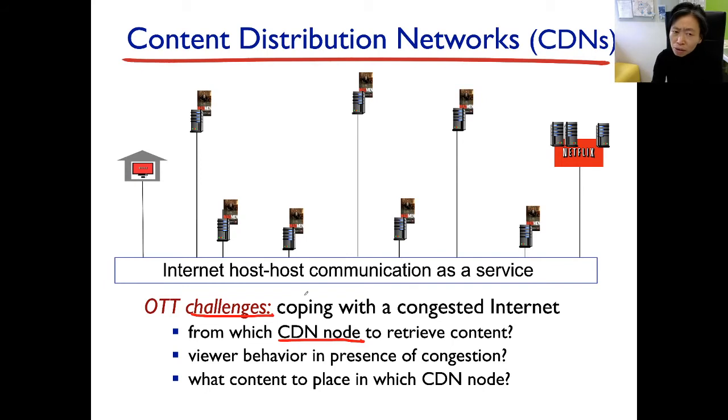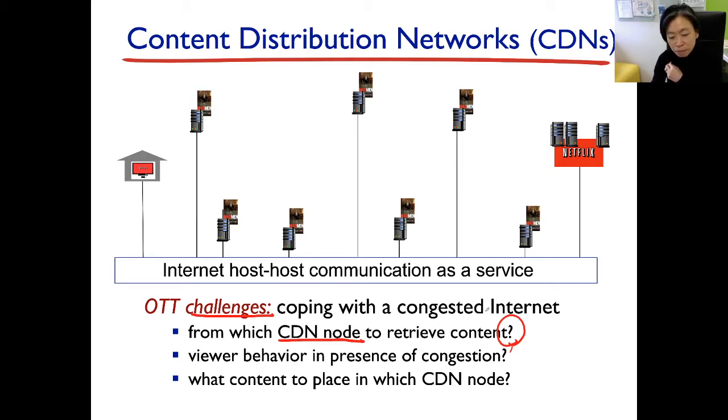But how do you know a shorter delay one is certainly the one that uses the shortest segment to travel? How? Maybe you want to use a combination of short segment and short delay. So exactly how you design the selecting of the CDN node, that selection algorithm, is something to be investigated.